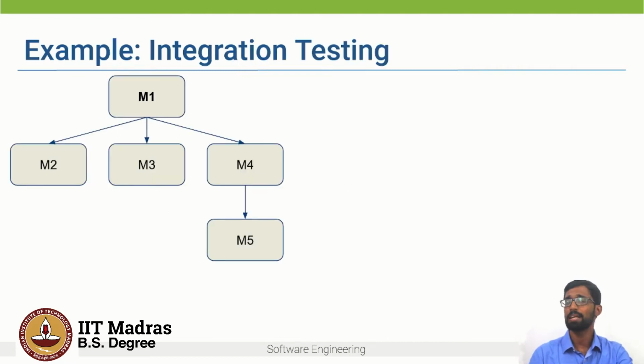So let's take an example. In this case, we see that there are modules M1, M2, M3, M4 and M5, and the arrows denote the relationship between these modules. For example, M1 depends on M2, M3 and M4. So M1 calls some functions in M2, M3, M4. Let's say we have unit tested M1.